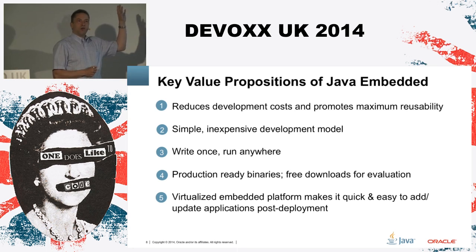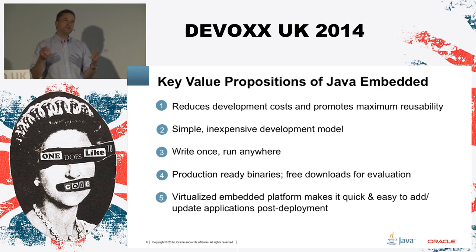The fact that lots of people know how to program in Java makes it easy to find developers. Now, I asked who was an embedded developer here, and not many people put their hands up, but I'm assuming that most of you are Java developers. Now, if you're Java developers, it's very easy to take those skills and start becoming an embedded developer. All you need to do is to learn a new set of libraries, which we do for many different things, in terms of understanding how do I talk to a sensor.